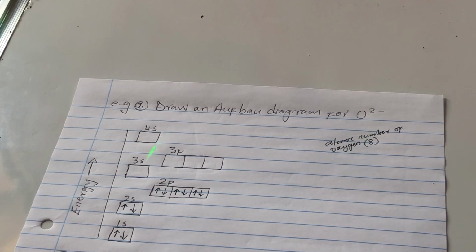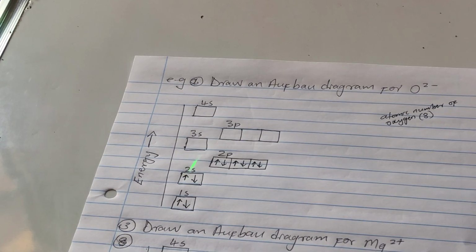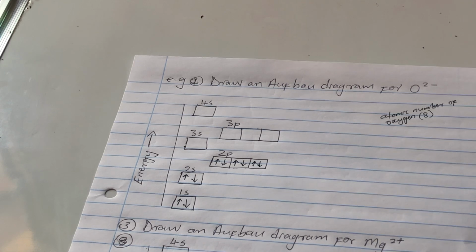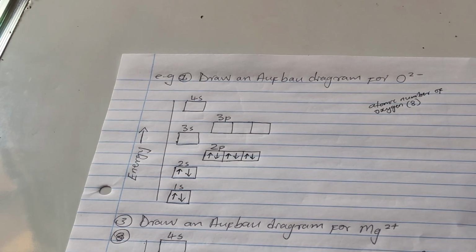It means that in this Aufbau diagram, we are expected to put in 10 electrons. How do we do this? The first one is pointing up, second one down, then we have filled 1s. We go to 2s, up, then down.